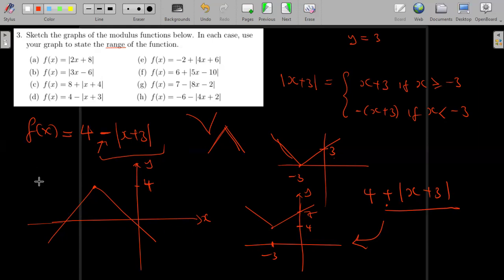So the range is going to be from negative infinity, I have to write the negative first, to 4 closed there. So this here is going to be my range. So that's how I find this one. Okay. Unless there's any question here.